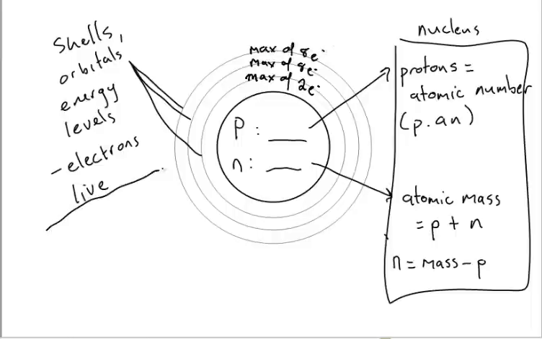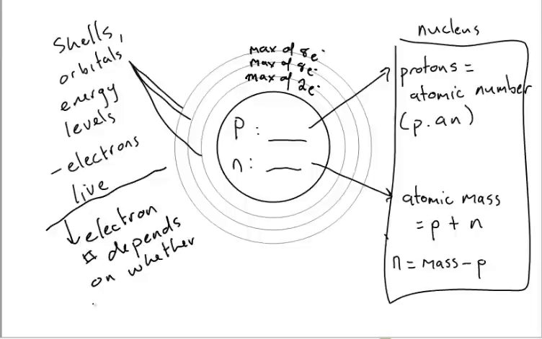How do you determine electron number? Electron number depends on whether it is an atom, which if you remember from above, atoms are always neutral.